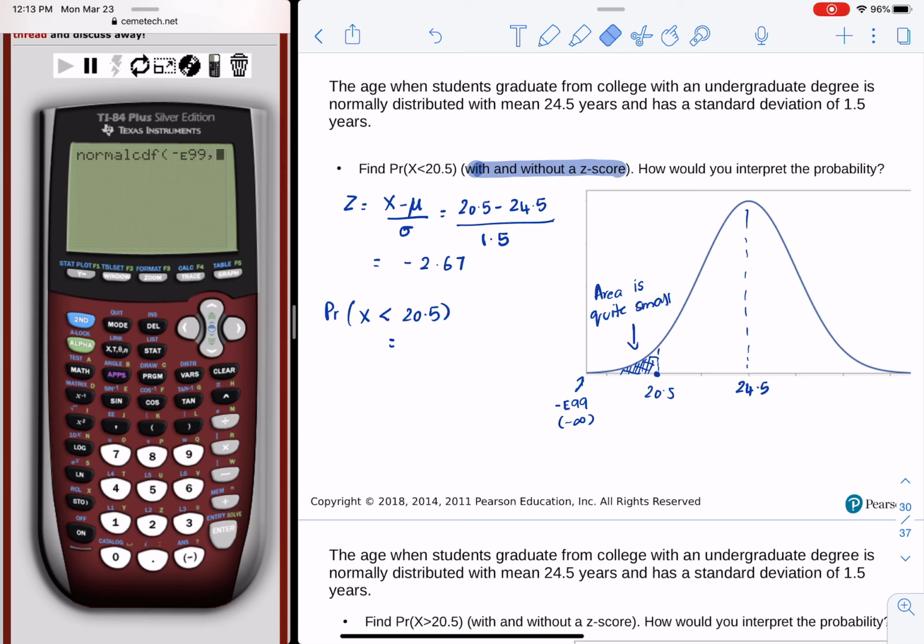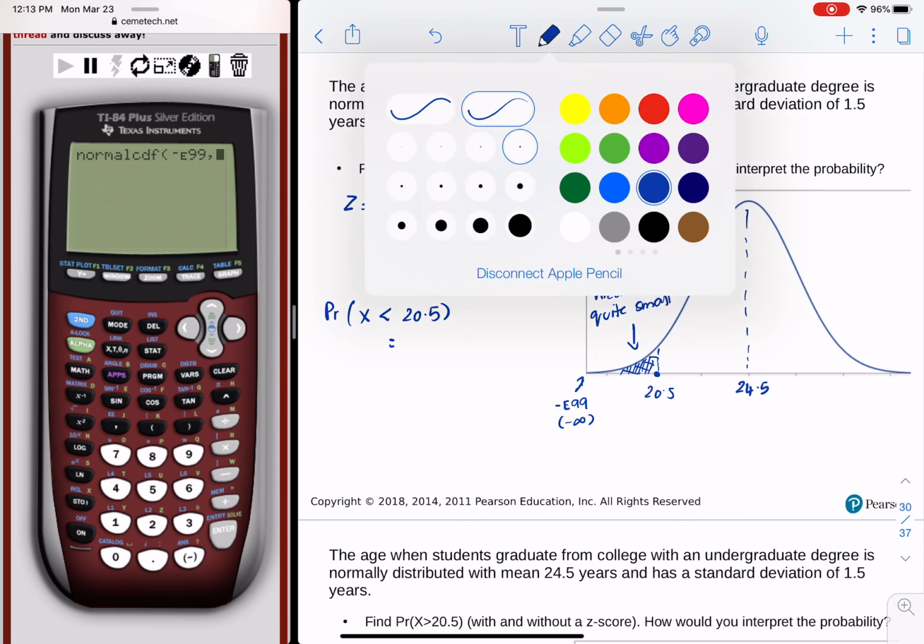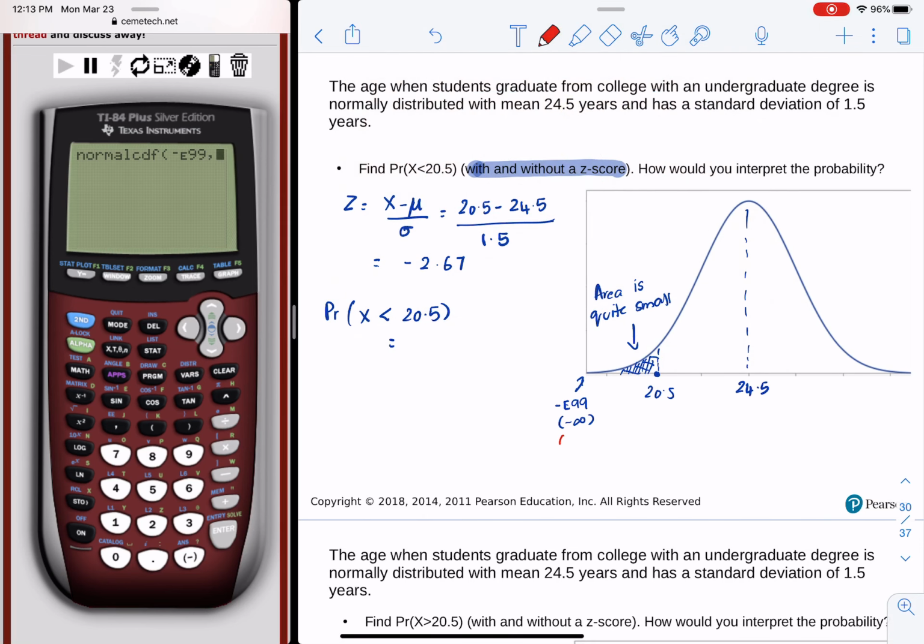The upper would be 20.5, followed by the mean, which is 24.5, and the standard deviation, 1.5.